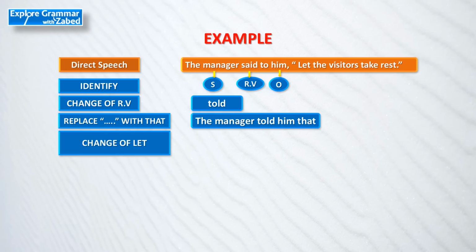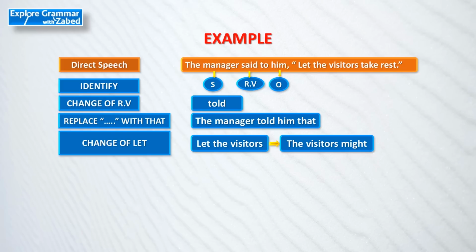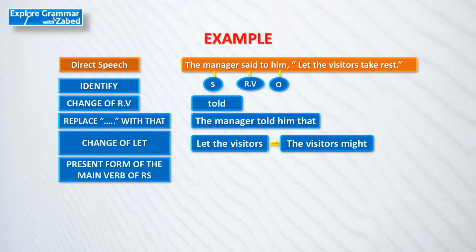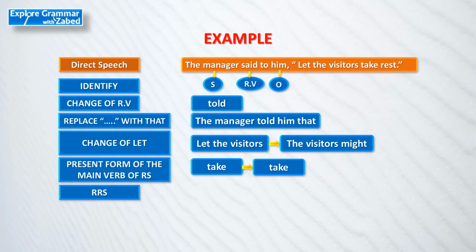The fourth step is to change let. Here, let the visitors will be converted to the visitors might. Fifth step is to write the verb of the reported speech in present form. Here, the verb of the reported speech is take and it is given in present form, so it will remain same in indirect speech.